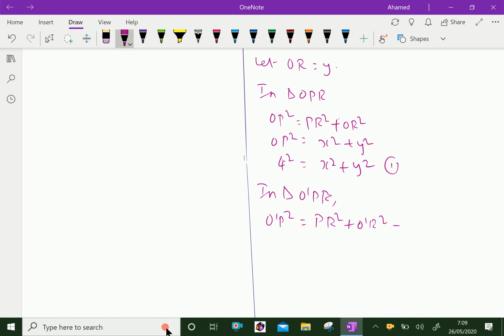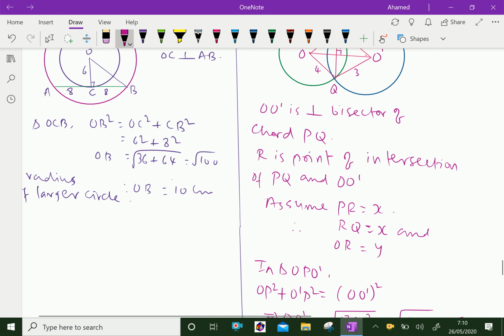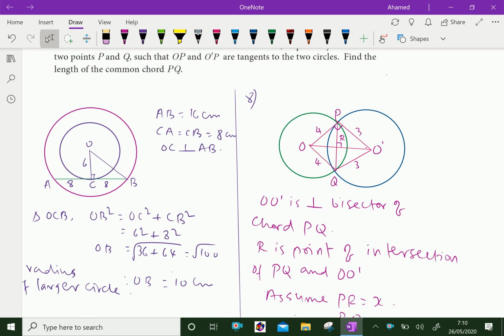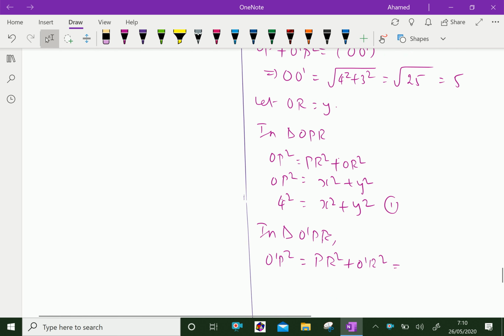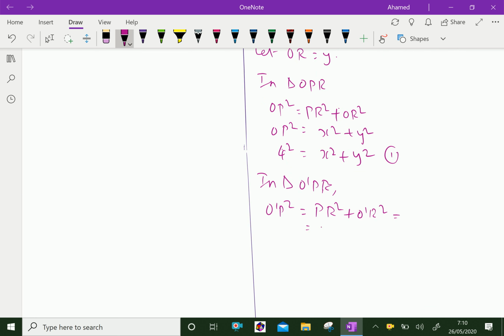PR squared is x squared, plus O dash R squared.